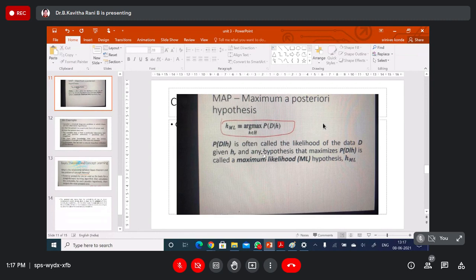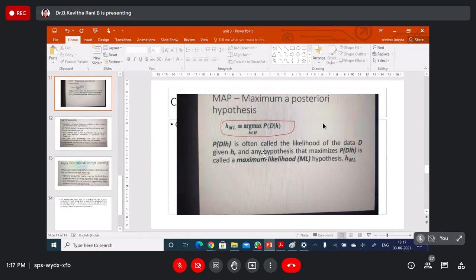Before testing the model, you will have different types of hypotheses, with different outputs. You have to choose one of them, the best hypothesis. For that, we will use the probability concept.